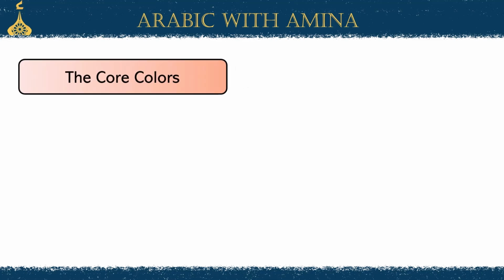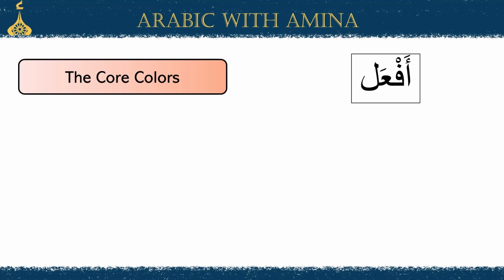Now, let's talk about the second group, the core colors. These are older color words that don't come from a noun, but follow specific patterns. The masculine form follows the pattern أفعل, and the feminine form follows the pattern فعلاء.